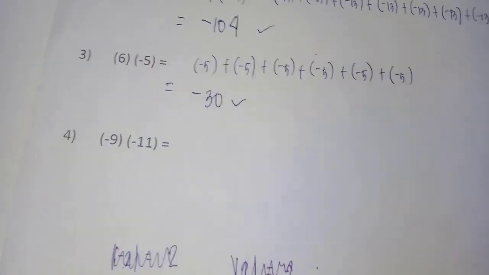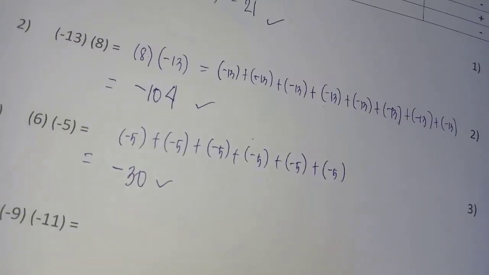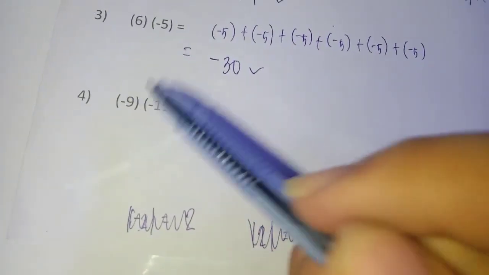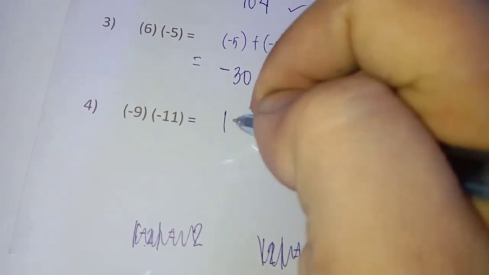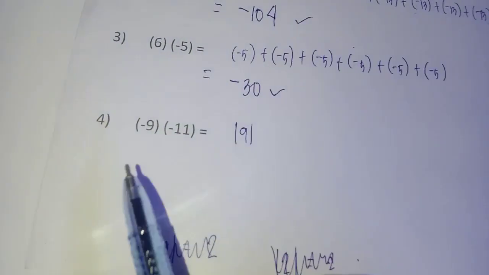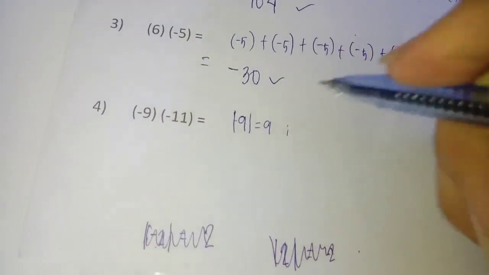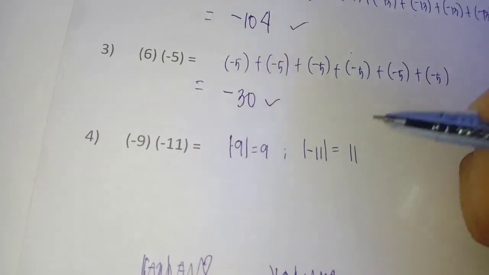Let's go back to negative 9 times negative 11. So again, in multiplying two integers, we need to find the product of their absolute value. So in negative 9, the absolute value is positive 9. Okay? So we're taking the positive value of negative 9, that is 9. Okay? And we're taking the positive value of negative 11, that is 11.